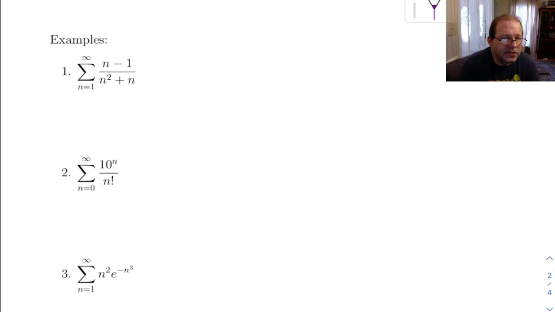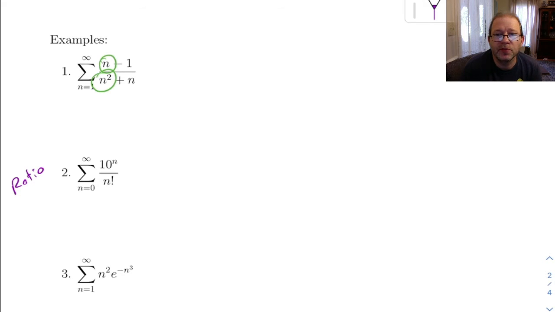Just glancing at these 3 guys here, number 2, I can tell immediately I want to use the ratio test because it's got that factorial. Number 1, I'd probably do the test for divergence on this thing, but when n goes to infinity, the top has an n and the bottom has an n squared for its dominant terms.